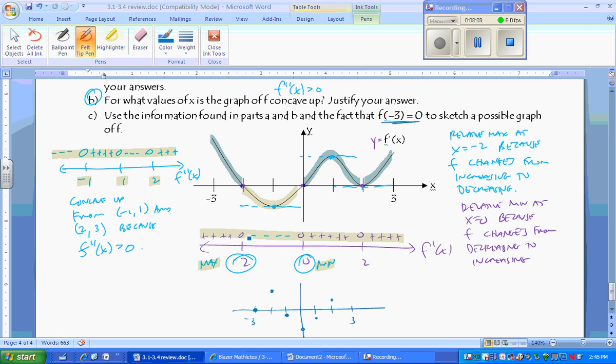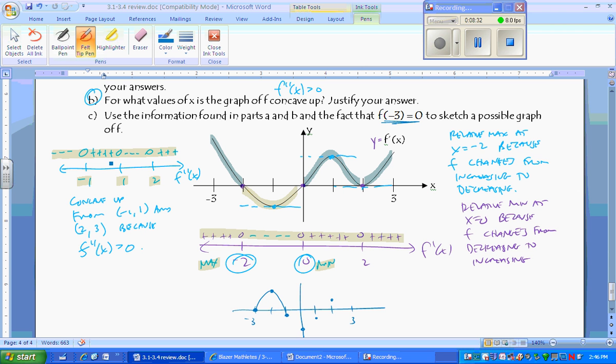Now we're using these number lines, these intervals, to figure out what's happening with the graph. It's increasing to start, obviously, right? We kind of have an idea of what's going to happen. But now the biggest thing is looking at the concavity. So it's concave down until we get to -1. So from here all the way to -1, concave down.